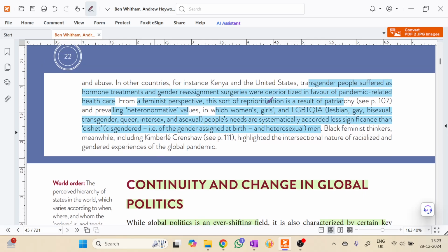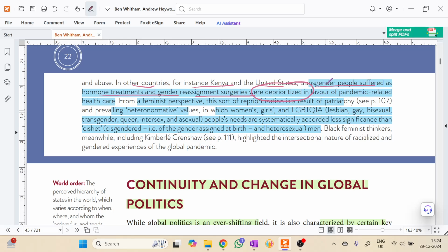harassment. So in countries such as Kenya and the United States, transgender people suffered in hormone treatment and gender reassignment surgeries because of what feminists see as the patriarchal norm or the heterosexual norm.